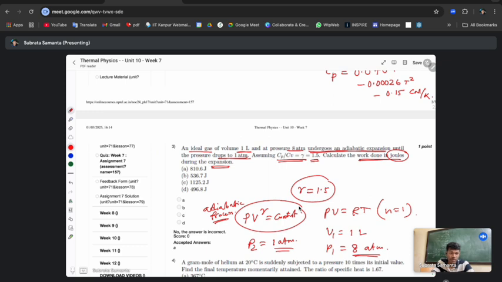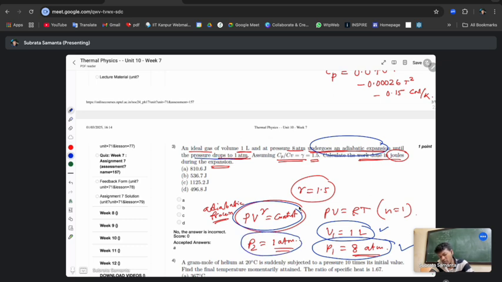They mention the unit joule, whereas the pressure is given in atm and the volume in liters. So first of all, you have to calculate V2. V1 is given as 1 liter and P1 is 8 atm, and it undergoes an adiabatic expansion, so P V to the power gamma is constant, where P2 is 1 atm.